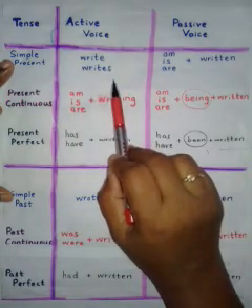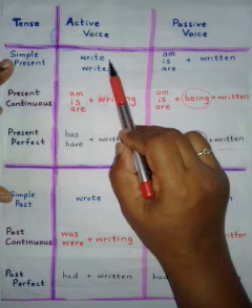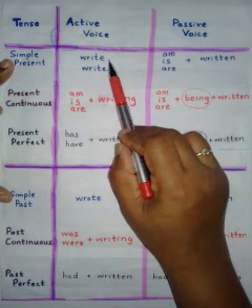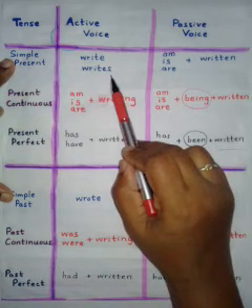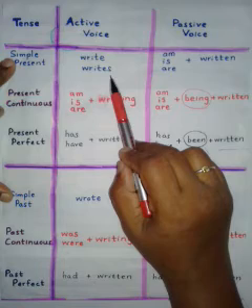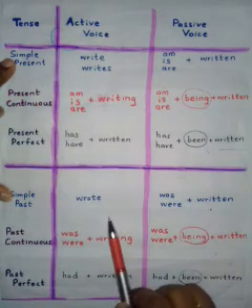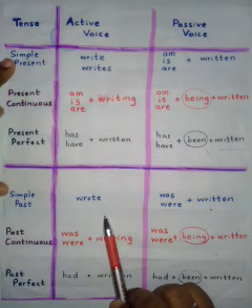As the active voice verb, we can take the verb's root with plural subjects and the S form of the verb with the singular subject. And for the simple past, we have a past form of the verb.